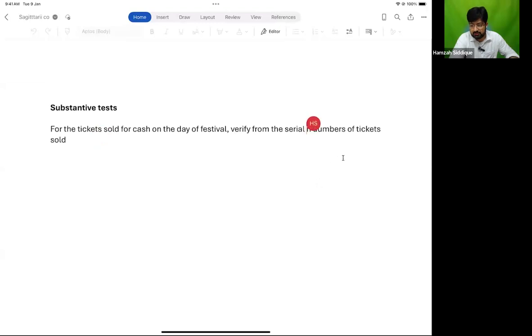Verify the ticket numbers, the total tickets sold. Yes, ticket numbers are there, serial numbers.